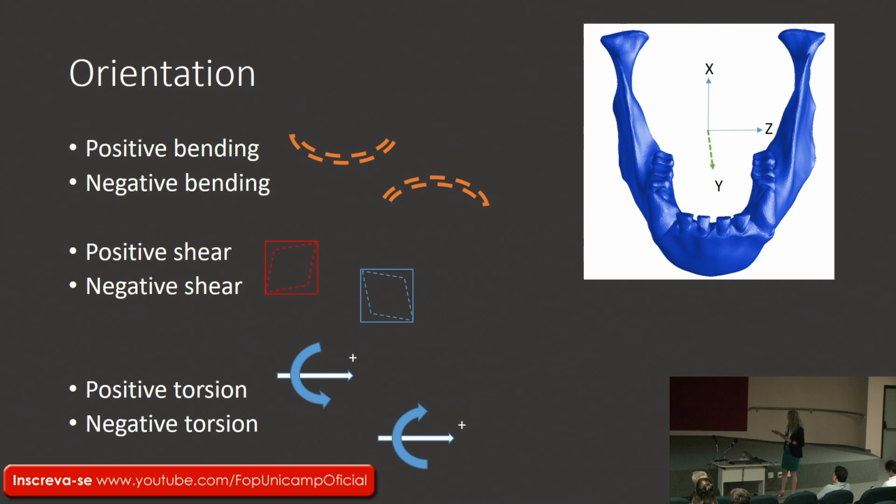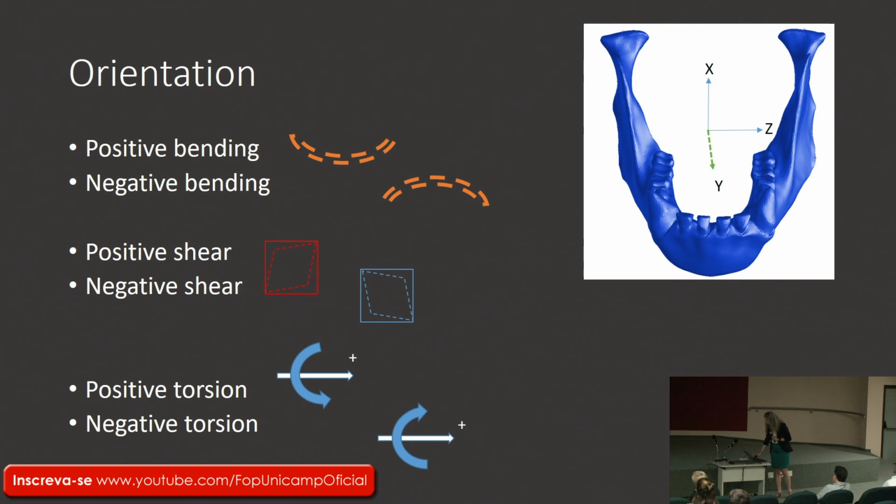As you can see here, thinking about this XZ axis, conventionally positive shear is represented in red, and negative shear is the opposite of that, meaning the corner of this element closest to the axis is getting larger, and it's conventionally represented as blue.